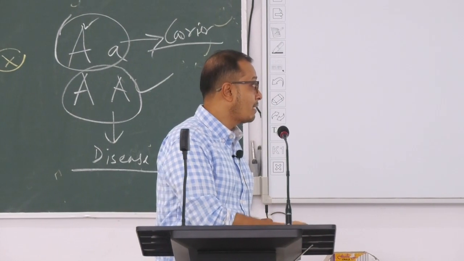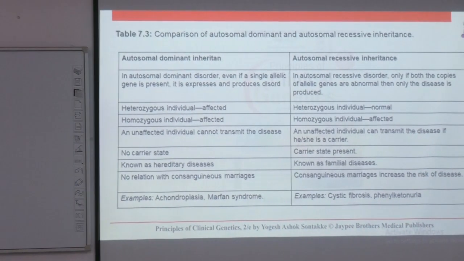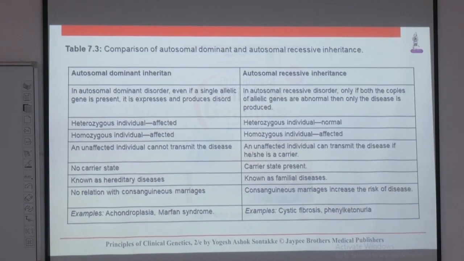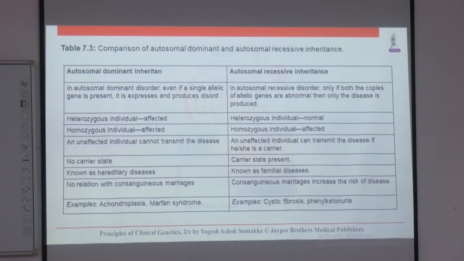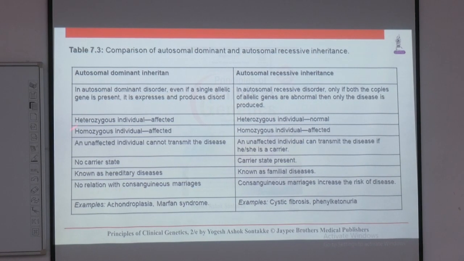So again, we have this comparison of autosomal recessive and autosomal dominant diseases, which sometimes we are asked to compare. The dominant pattern is where a single allele of the gene is present. In case of recessive, it is the double dose, as we are mentioning. In the dominant case, a heterozygous individual is affected.